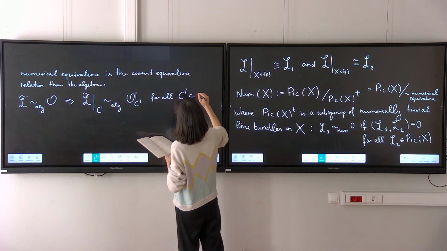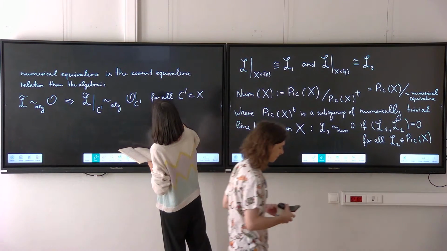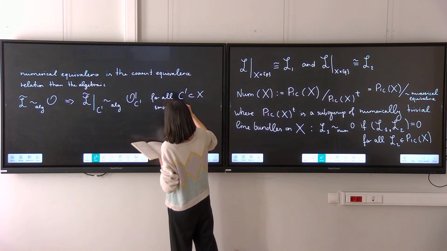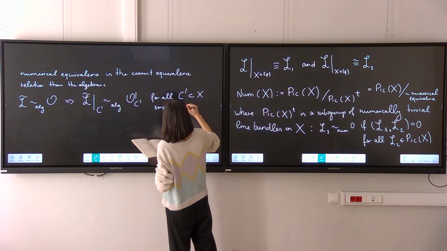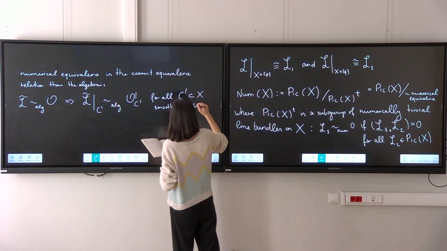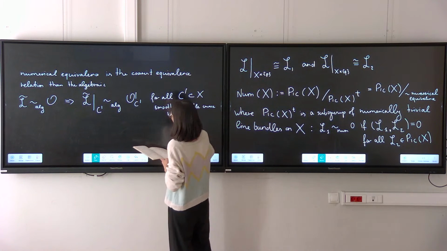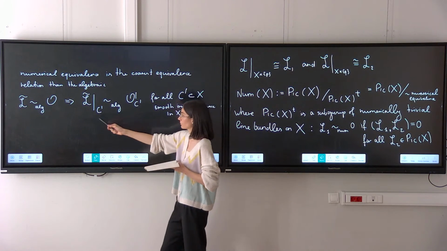C prime. Maybe let me say smooth, irreducible curve in X, right?